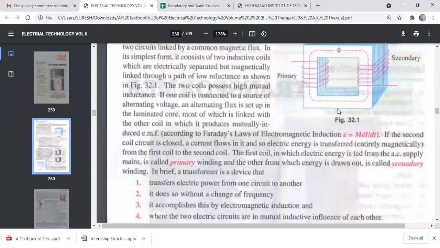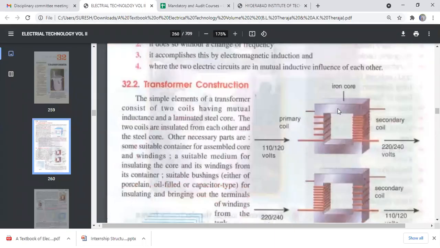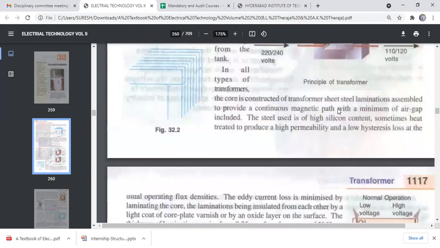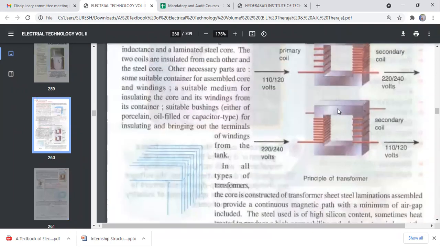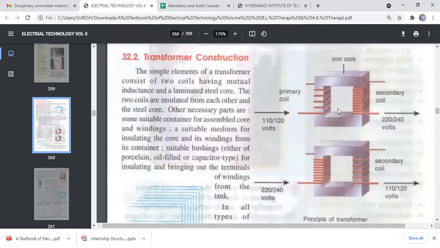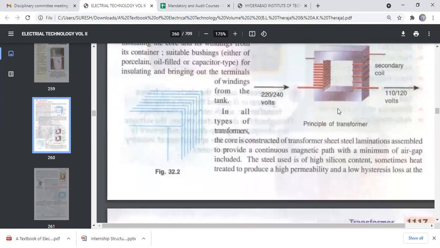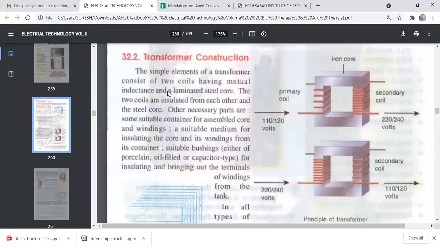Now observe here. Transformer construction core. I have already explained the core. Based on the construction of the transformer, see whatever I have explained, they have given here. I am just reading whatever I have explained.